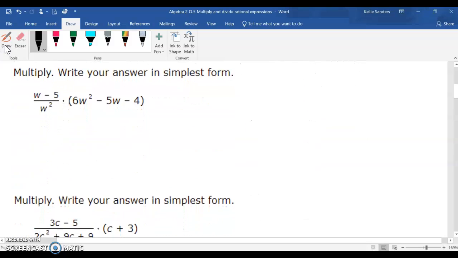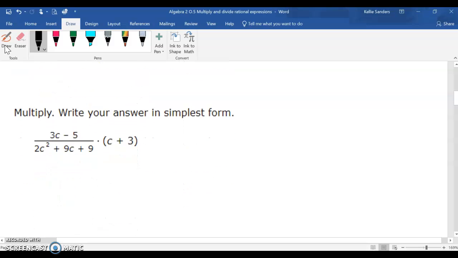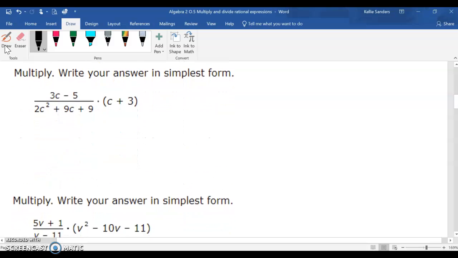Now, I'm going to skip this one for just a second and show you why I'm going to do what I'm going to do for the one that I just skipped. All right, so we're multiplying. So we're going to put this over 1. Now, don't just go straight to the multiplying.